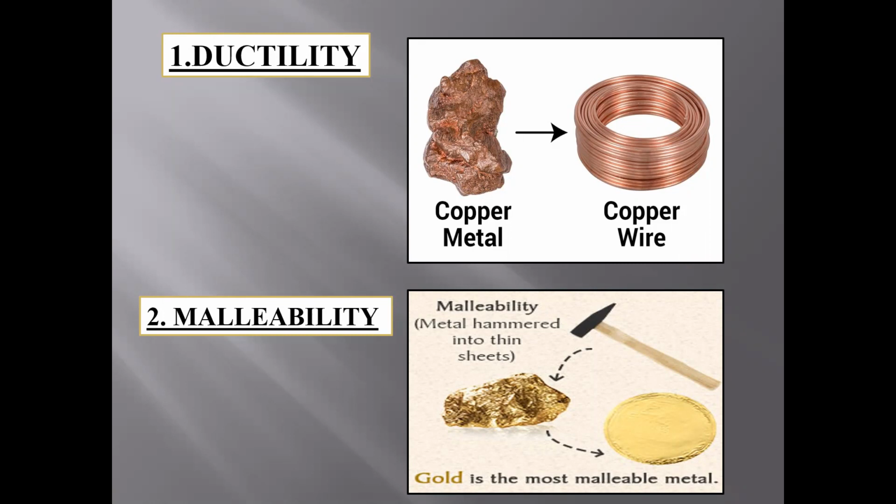Over here, I have shown you a diagram of gold, and if you use a hammer like this, it can be beaten into sheets like this. And from here only, the jewelry is made. So the conclusion we can draw from here is that metals like gold and platinum are highly malleable. They can be beaten into sheets for various purposes.